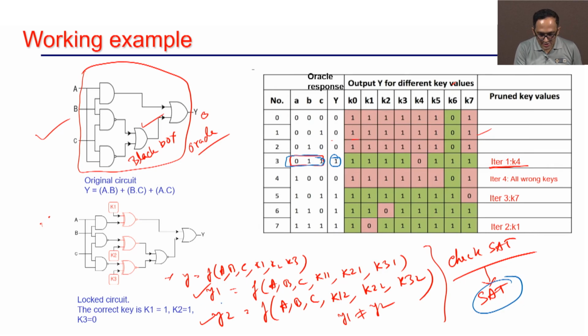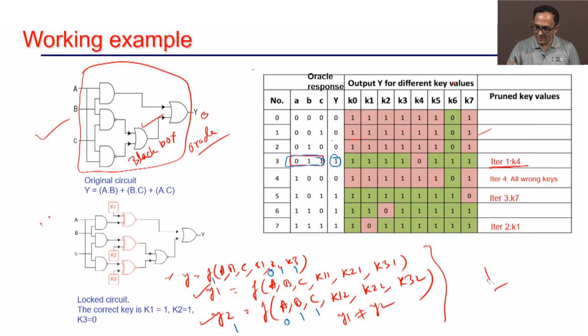Now in this equation I will put A equal to 0, B equal to 1, C equal to 1 and Y1 equal to 1. Similarly, in the other equation I will put A equal to 0, B equal to 1, C equal to 1 and Y2 equal to 1. Then this equation will become some function of K1, K2, K3. This will become a function of K11, K21 and K31 equal to something, 0 or 1, whatever.